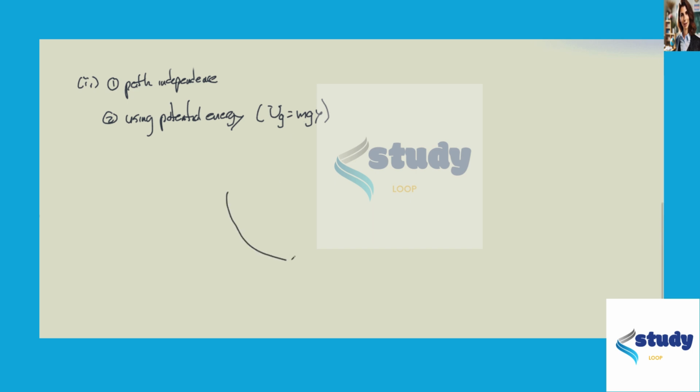Let me draw my bowl again, somewhat, a little smaller, but it serves the purpose. With potential energy, you always got to define your 0. So this is my 0 line. That means y values above are positive, y values below are negative. Now this didn't really come out to be the lowest point, now did it?